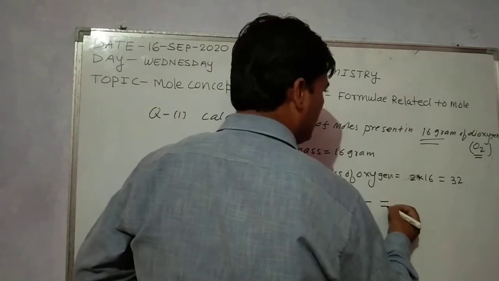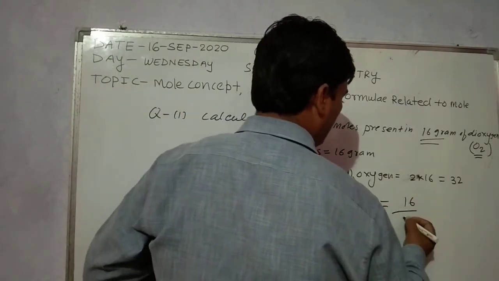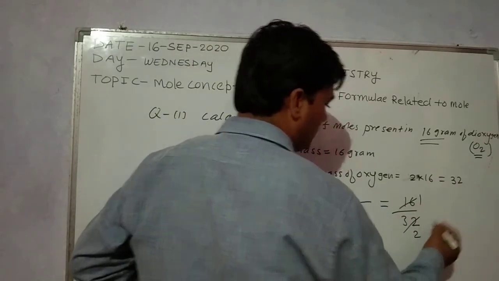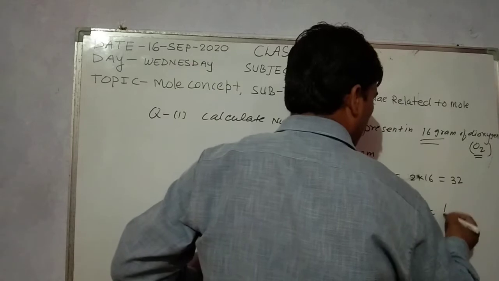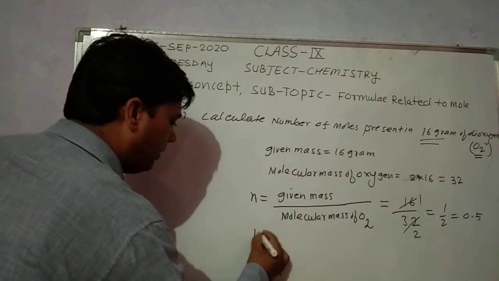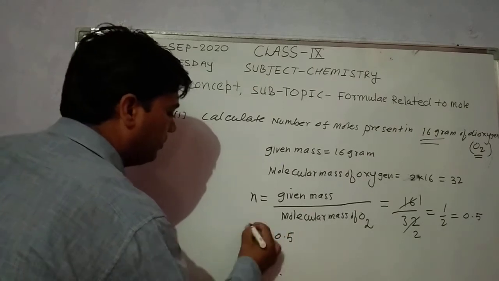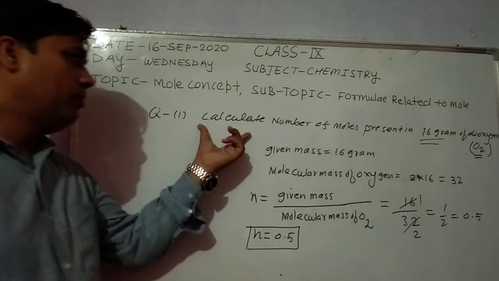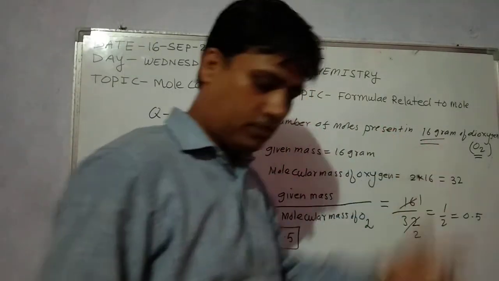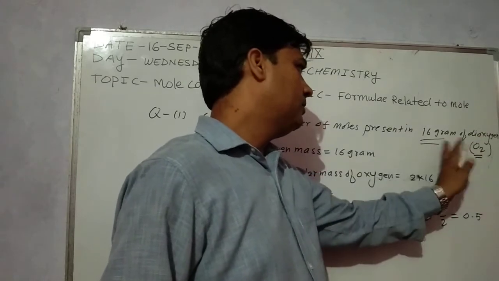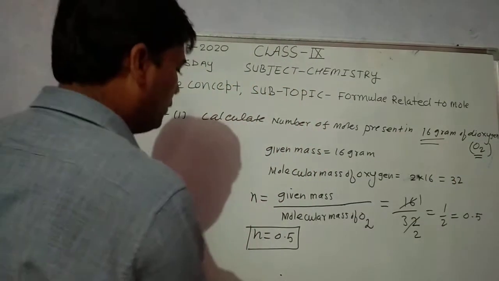The given mass is 16 and the molecular mass is 32. 16 into 16 and 16 into 32, so it is equal to 1 by 2, that is 0.5. So number of moles is equal to 0.5. So in this way we can calculate the number of moles in a particular question. In this question the given sample is a molecule, that is O2.